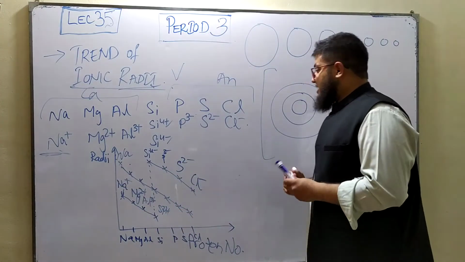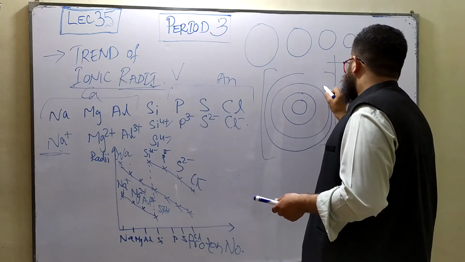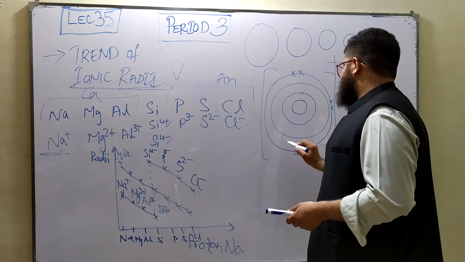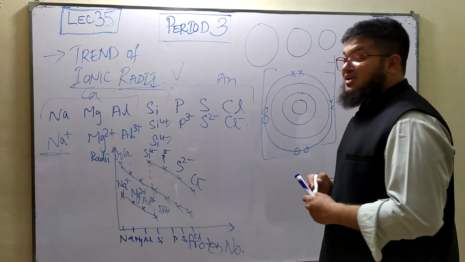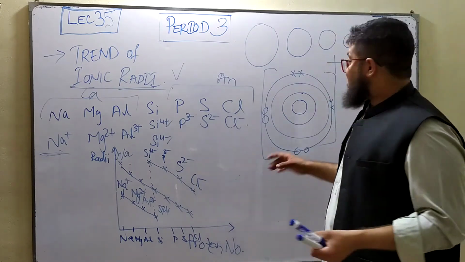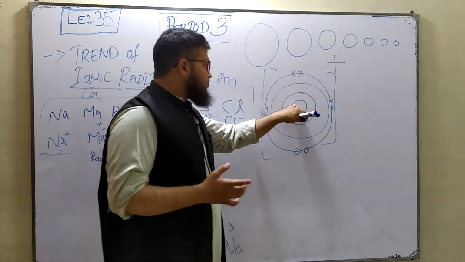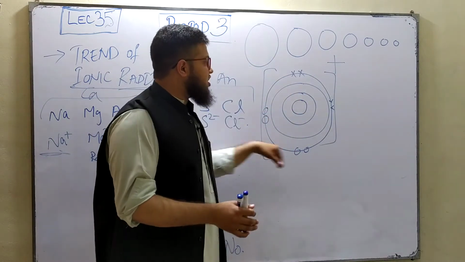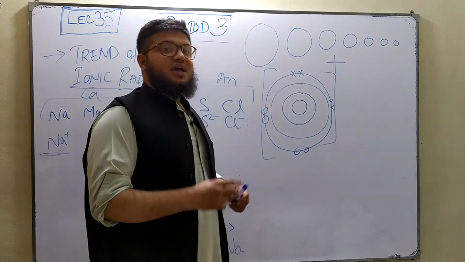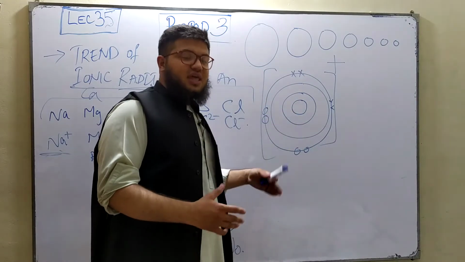But what if silicon accepts electrons? This is the outermost shell of silicon. It had 4 electrons originally, and now it accepts 4 more. This means the number of electrons becomes more than the number of protons in the nucleus, which decreases the effective nuclear attraction on the electrons. What is effective nuclear attraction? It is the attraction exerted by the nucleus on the electrons in the atom.